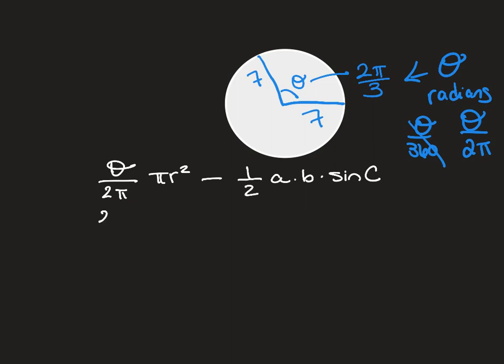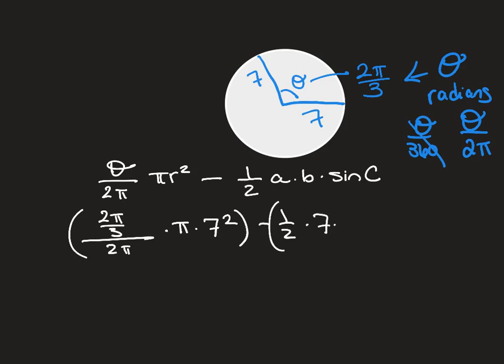So I'm going to have 2 pi over 3 over 2 pi times pi times 7 squared minus 1/2 times 7 times 7 times sine of 2 pi over 3.